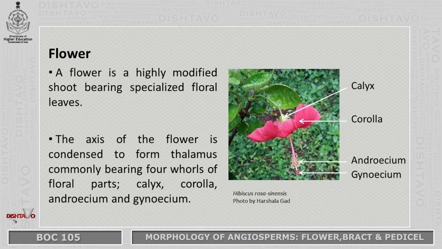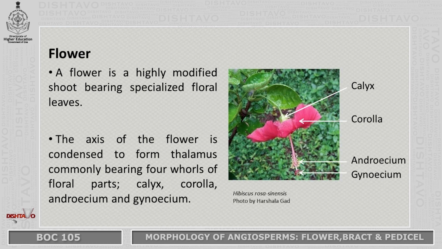A flower is a highly modified shoot bearing specialized floral leaves. The axis of the flower is condensed to form thalamus, commonly bearing four whorls of floral parts, namely calyx, corolla, androecium and gynoecium.